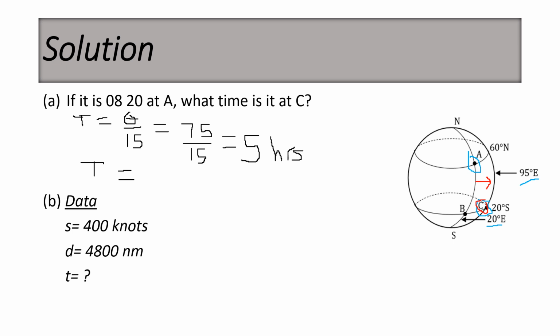So the time at A is 0820 plus the difference, which is 05 hours, because we are moving towards the east of A, that's why we are adding.